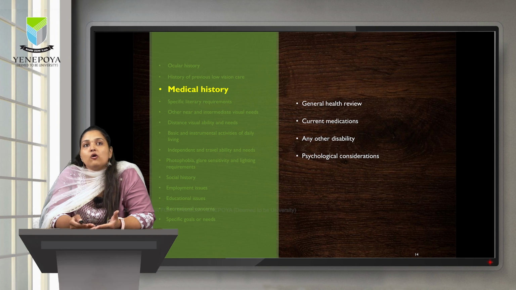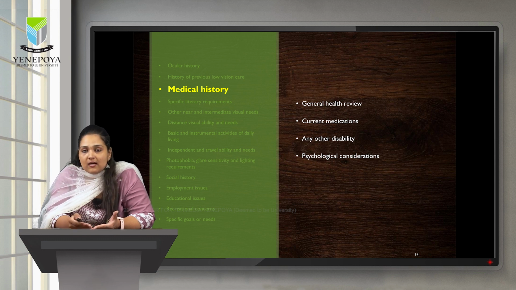Next, I will ask about medical history. What is his general health, whether he already has diabetes, hypertension or any other systemic conditions. Currently, is he on any medications, and does the patient have any other disability? Now, low vision actually comes under the disability category.